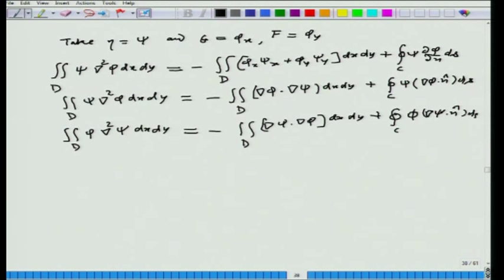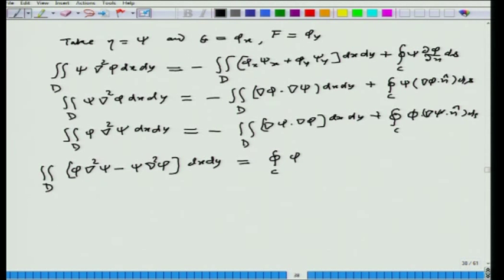So, subtracting this from this, we get the following Green's identity. Phi del square psi minus psi del square phi dx dy, these two terms cancel each other, and so we get this boundary integral.